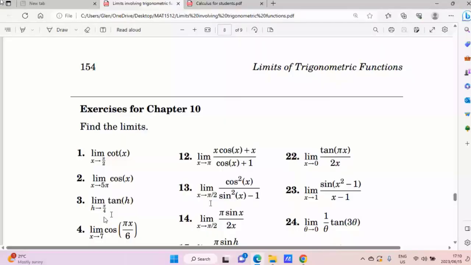Let's look at number 3. Please find the limit of tan of h as h approaches pi over 4. Number 3. The limit of tan of h as h tends to pi over 4.